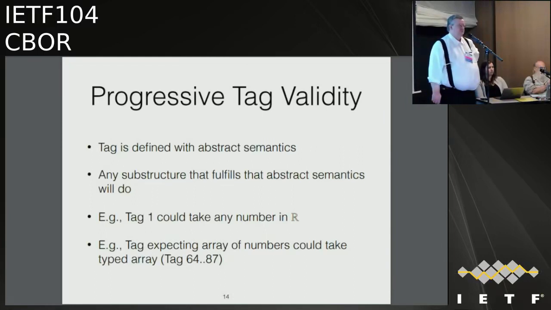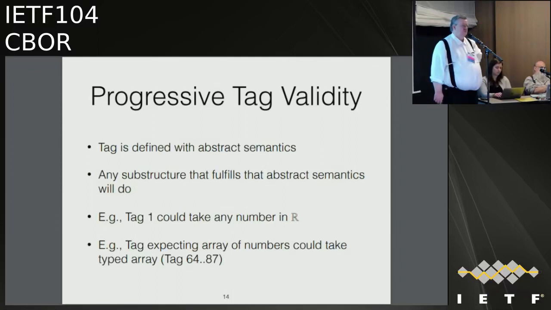Brendan Moran. I think that progressive tag validity is begging for vast quantities of compatibility failures, especially in the area of IoT devices where they will not necessarily be updated to handle new tags or new interpretations of a tag.